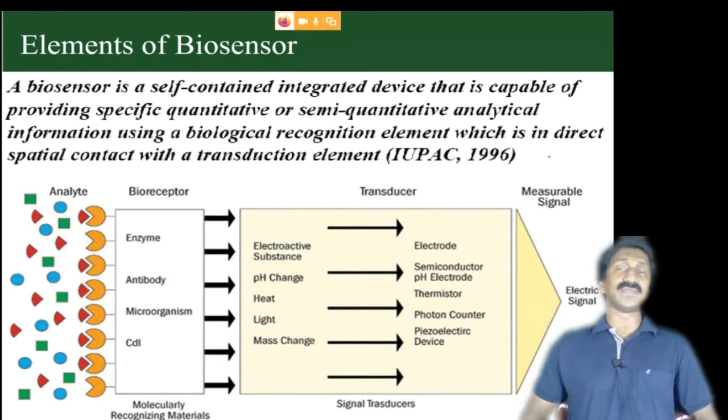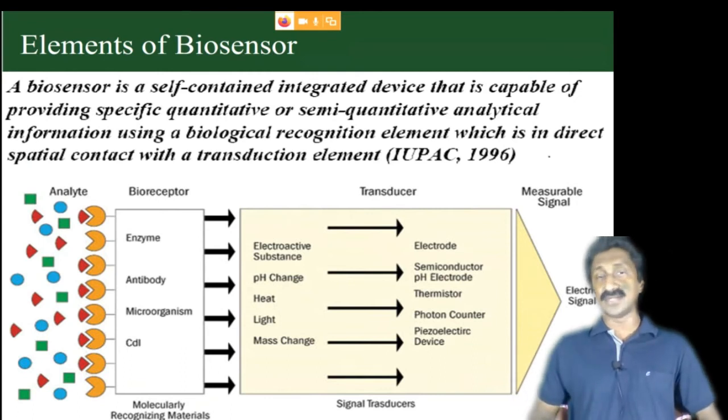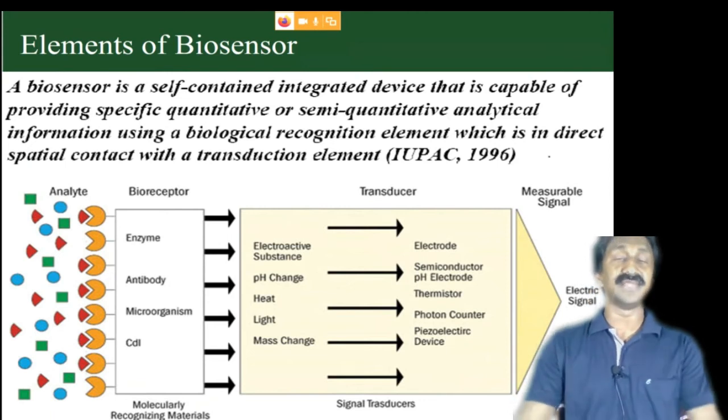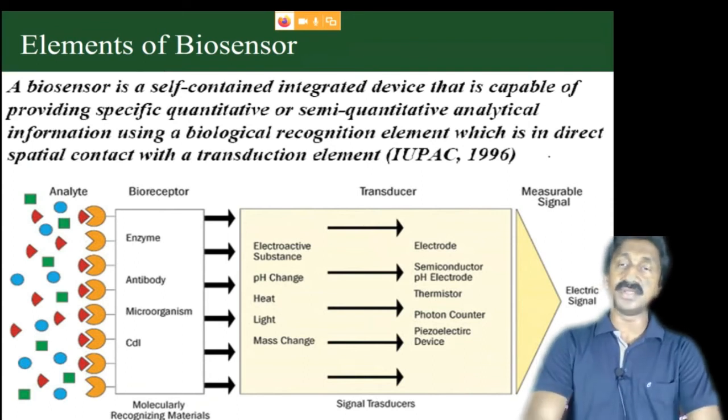Different types of transducer elements will detect that signal. Finally, all these things will be converted into a measurable electrical signal that can be read and stored by the devices that you are using.